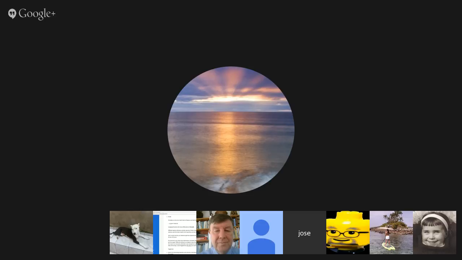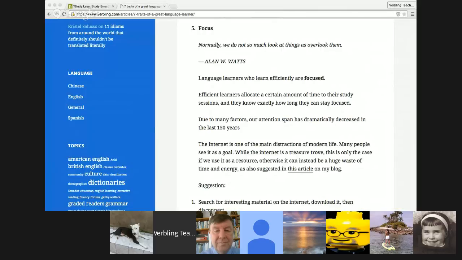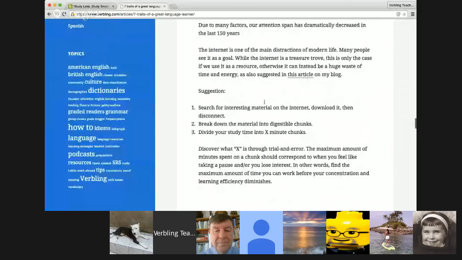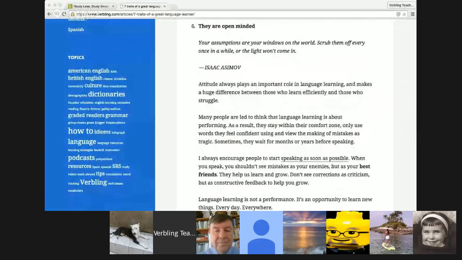Okay, Jose, number 6. The article says that the attitude is very important for learning a language. There are two kinds of people: the people that learn efficiently and the people who struggle all the time for learning a language.